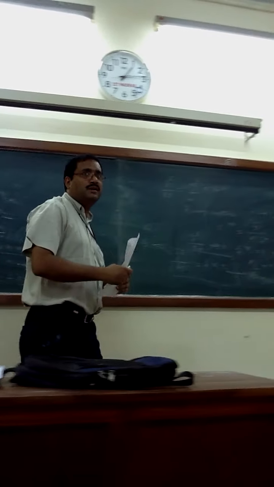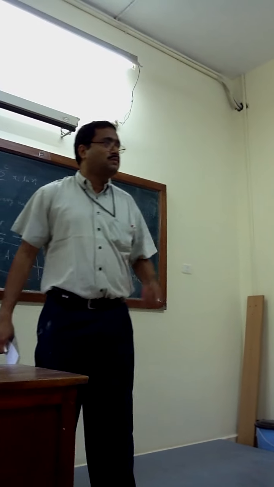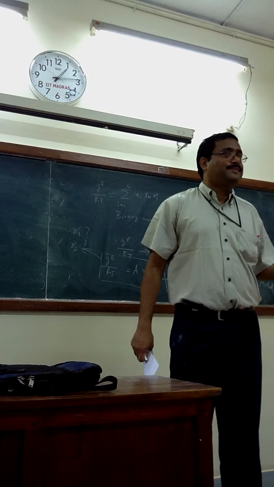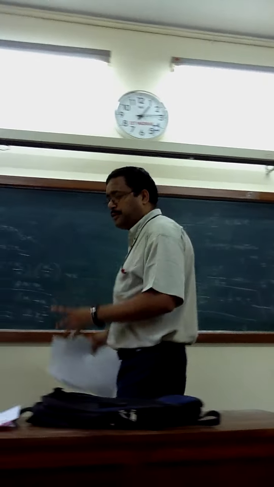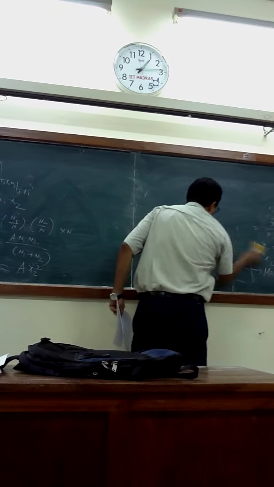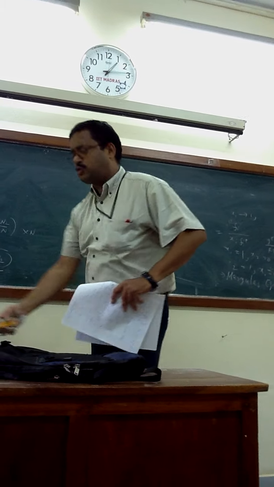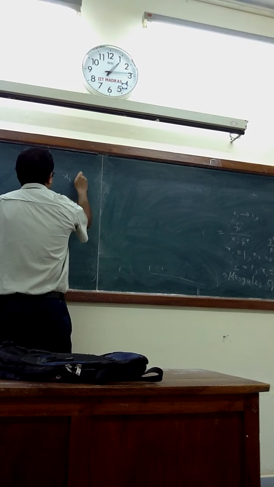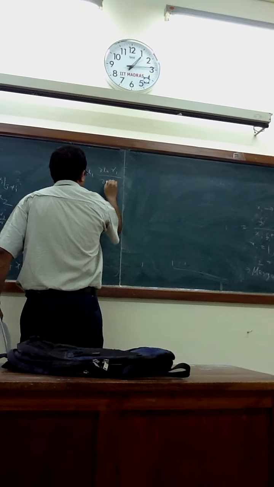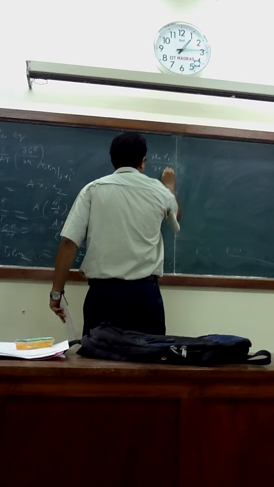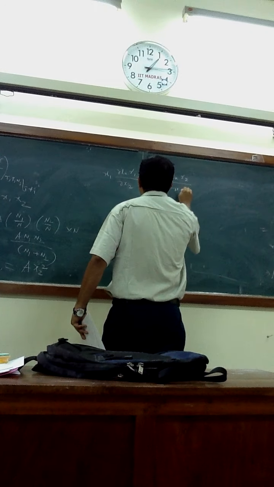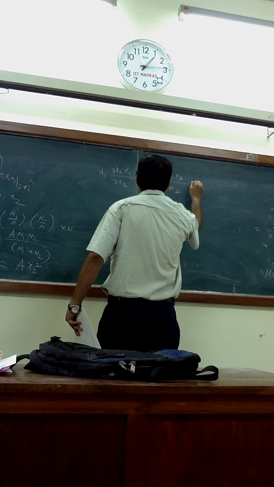A x2 square. How to calculate ln gamma 2? I don't want to go this way. I have the Gibbs-Duhem formula. Once ln gamma 1 is determined, I will not do the same thing; I will go by the Gibbs-Duhem formula. What is my Gibbs-Duhem formula? x1 dou ln gamma 1 by dou x2 plus x2 dou ln gamma 2 by dou x2 equals zero.